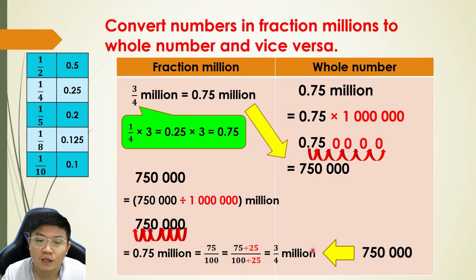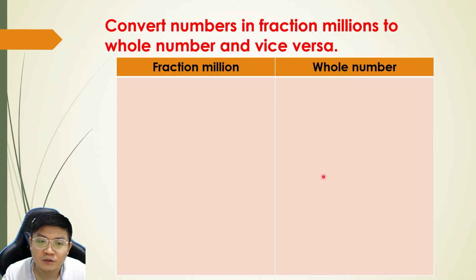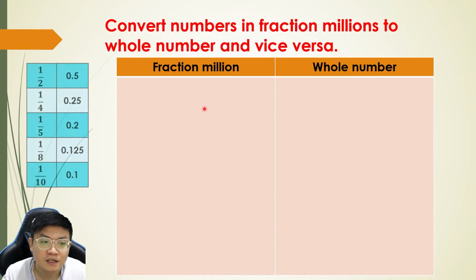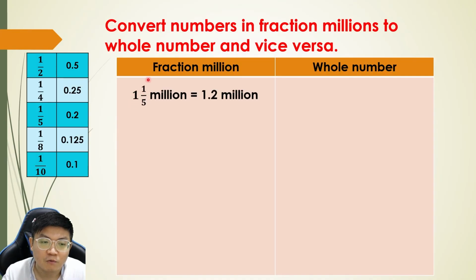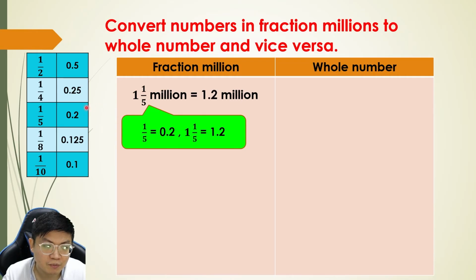All right. So next one, I will be giving you another fraction of million, which is 1 1/5 million. By referring to the table, I can get 1.2 million. How to do it? I'm starting from 1 over 5, which is 0.2 by looking at the table. So 1 1/5 is actually 1.2.